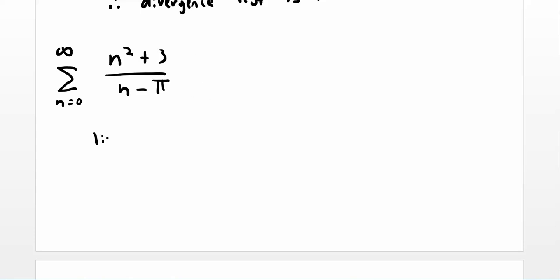Let's take the limit as n goes to infinity of just the sequence portion. And again, remember how to take limits of rational expressions. So this is going to be infinity.